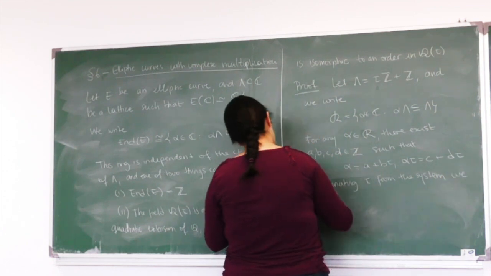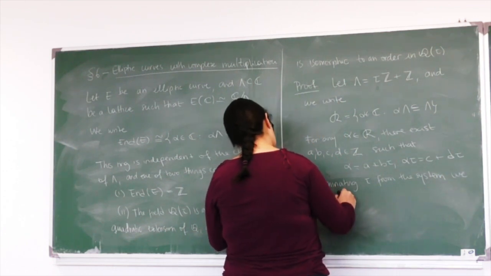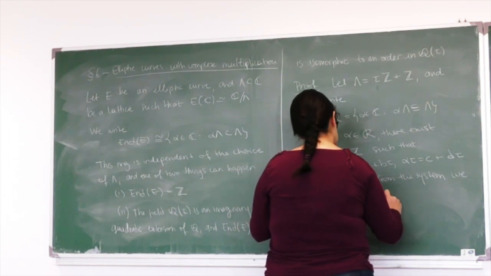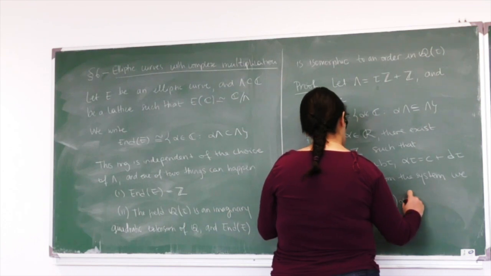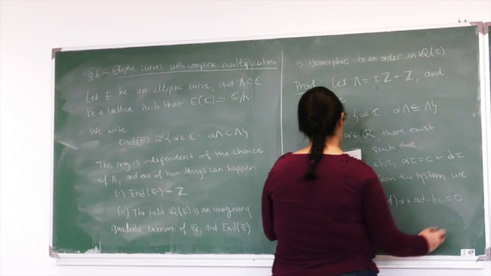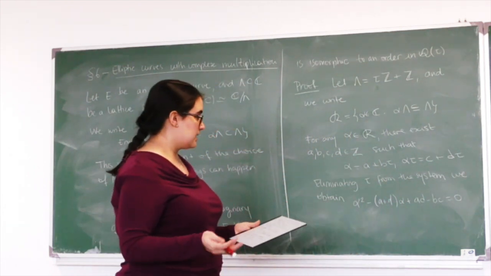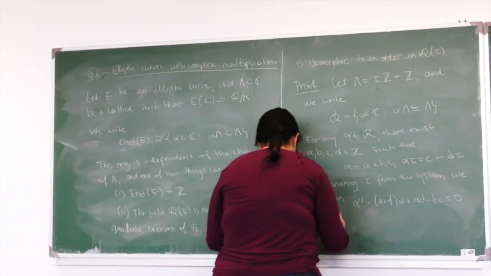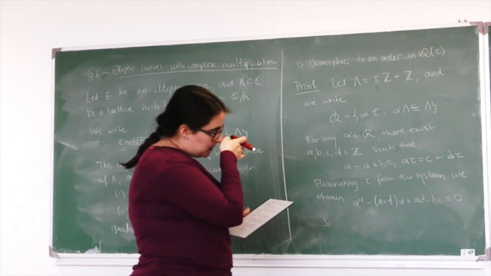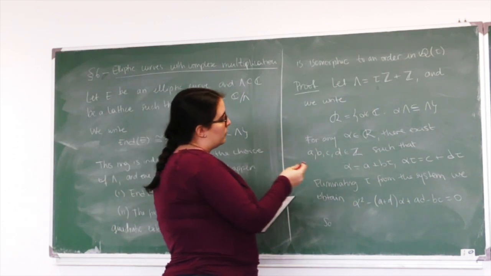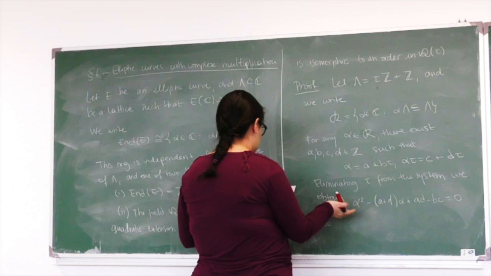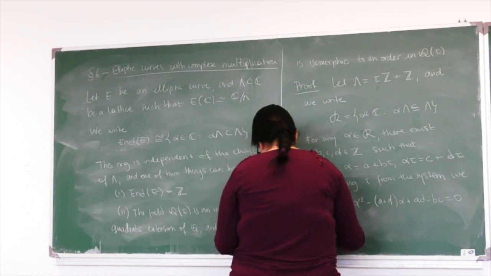We obtain, well, alpha squared minus (a plus d) alpha plus ad minus bc is equal to 0. So R is an integral extension of the integers, because this will be the minimal polynomial for the value of alpha, and it's an integer monic one.